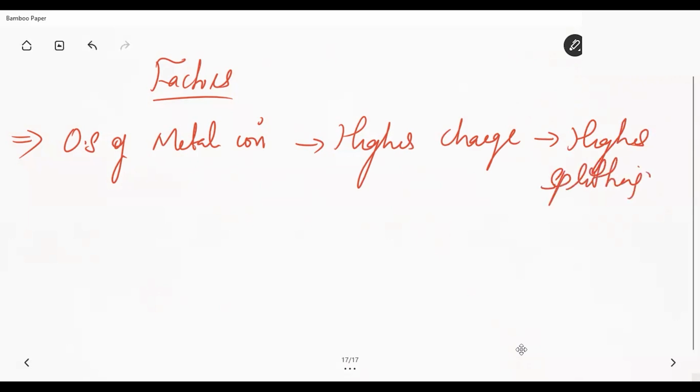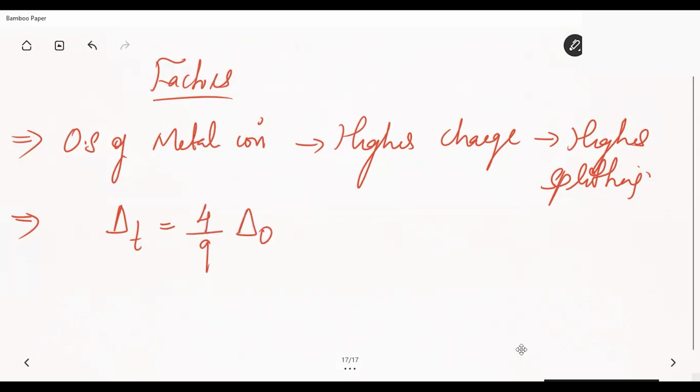Then what is the second factor? That is geometry. And one more thing you have to study here, a very important point, that is the difference between tetrahedral and octahedral splitting. Tetrahedral splitting is about 4 by 9 times octahedral splitting.